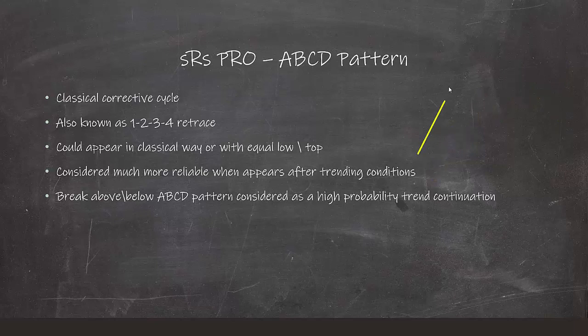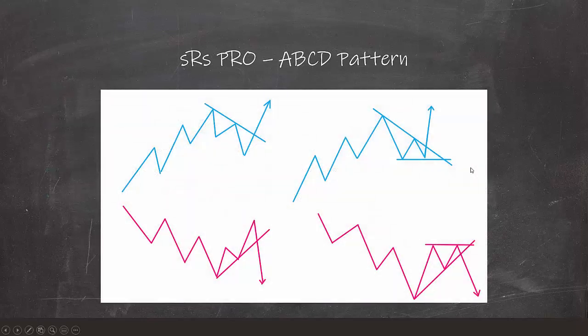If you have one move, ABCD, one move, ABCD, the next move, you don't know what's going to happen. And that's where the market starts to zigzag normally, right? A break above or below the ABCD pattern is considered a high probability trend continuation. So let's have a look at both possibilities.